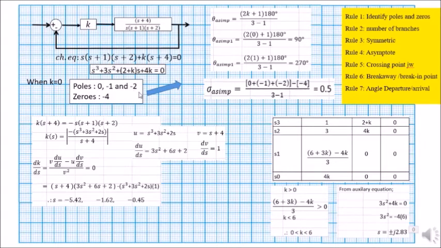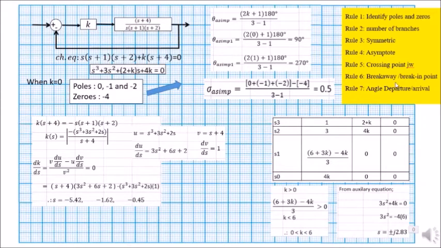In this case we have three poles on the real axis, so we have to find the breakaway point. A break-in point only occurs when there are more than two zeros on the real axis. In this case, we have only one zero on the real axis, so there is no break-in point.